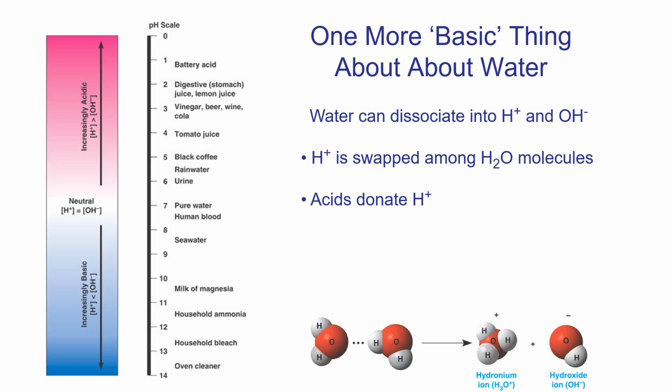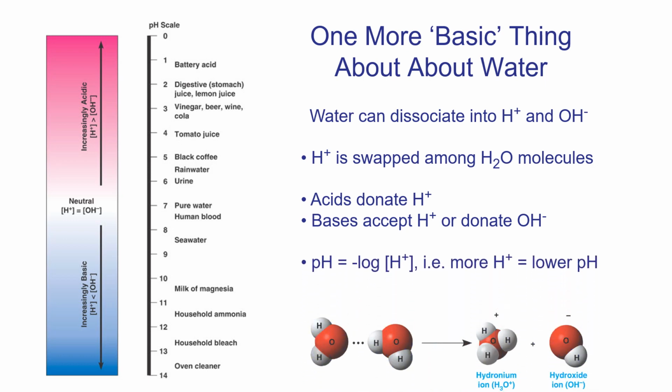So now we have too many hydrogen protons in the water. If we have the opposite, if we have too few, or another way to think of it is too many hydroxyls, if we have too few hydrogen protons or too many hydroxyls, then we have a basic solution. And a base is something that when you add it to water, it will grab onto hydrogen protons and take them out of the water, or it will split off some hydronium ions.